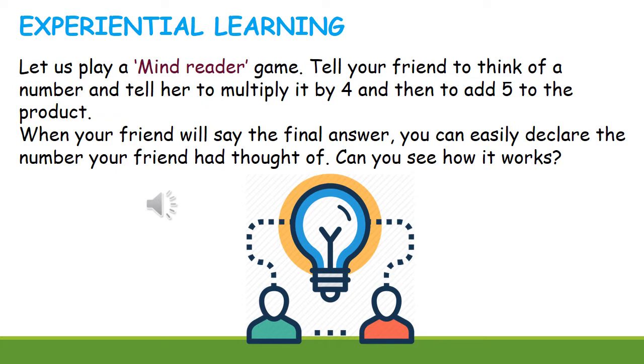When your friend says the final answer, you can easily declare the number your friend had thought of. Here, we are using the concept of linear equation. Let us try and play this game.